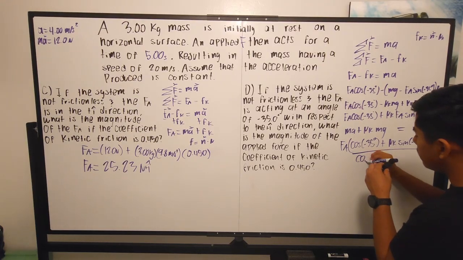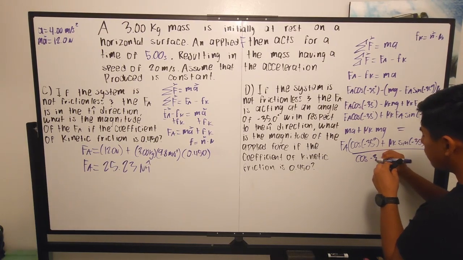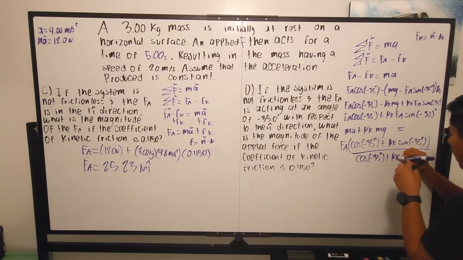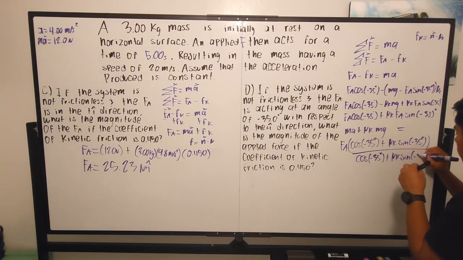So I'm going to divide by the cosine of negative 35 degrees plus mu k sine of negative 35 degrees.